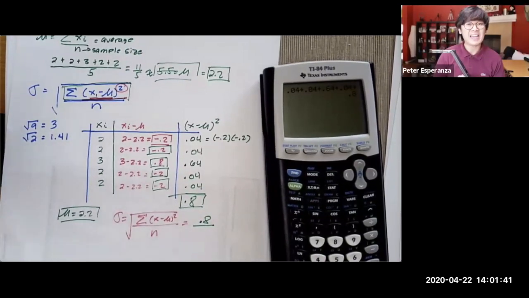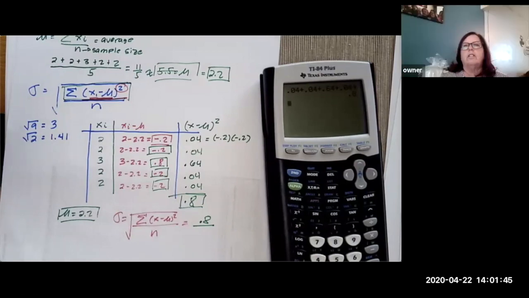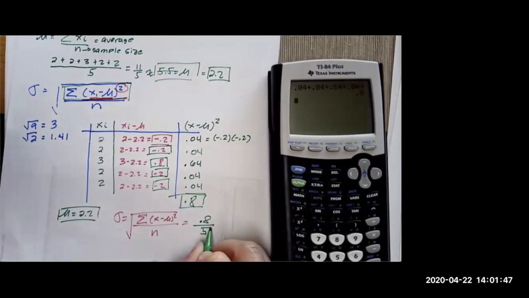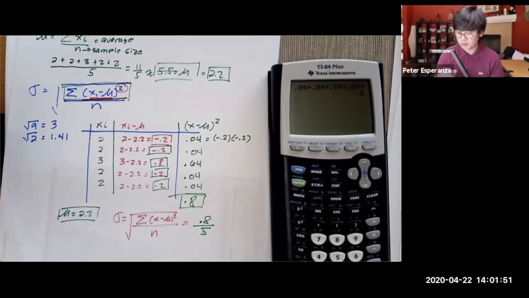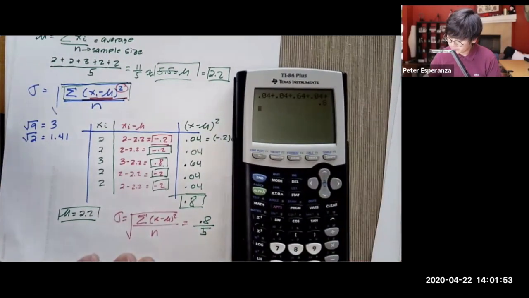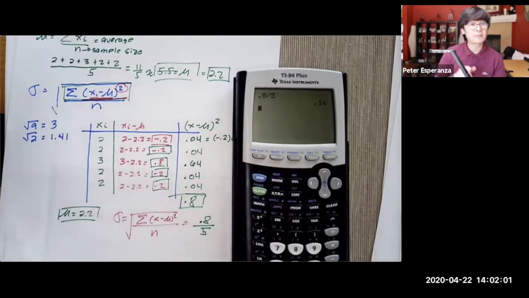And what is n in this problem? 5. That is correct. Now, can you please use your calculator and compute this value? 0.8 divided by 5, I got 0.16.